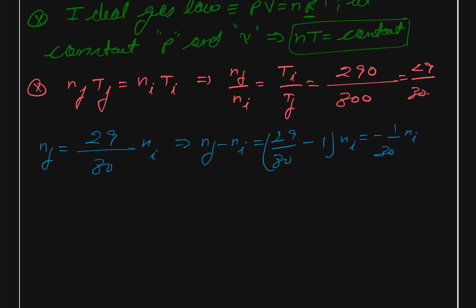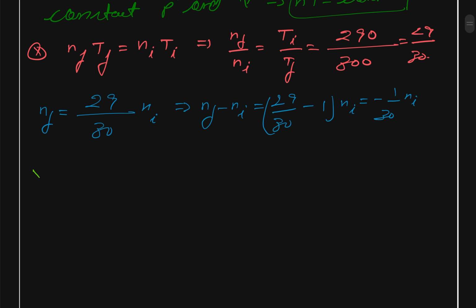And we can also find out our initial number of molecules by using the ideal gas law in terms of initial. So we can write PV is equal to Ni R multiplied by Ti.